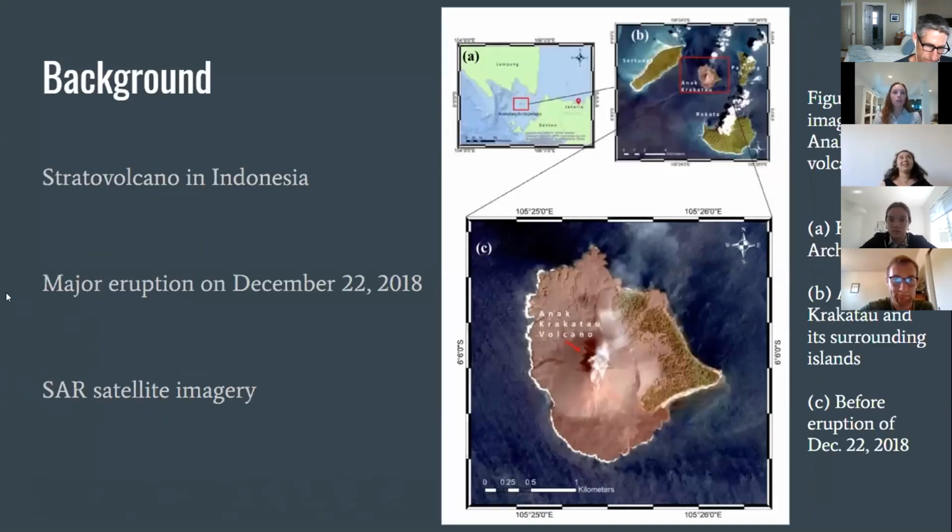Anak Krakatau is an island stratovolcano in the Krakatoa archipelago in Southeast Asia, which is situated between the island of Java to the east and Sumatra to the west.